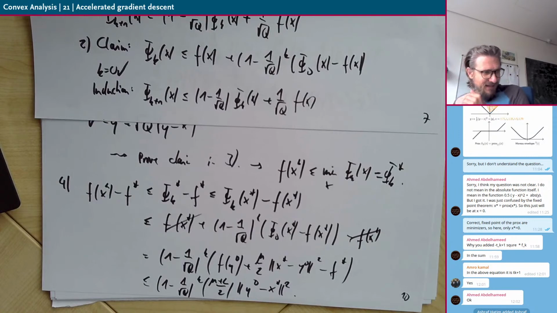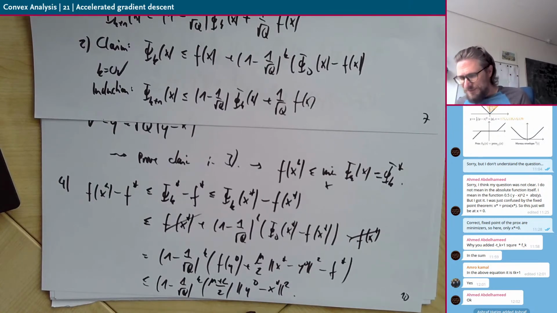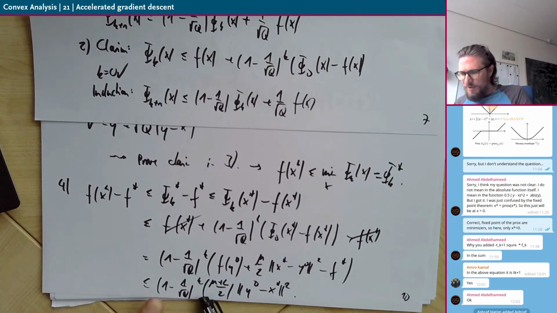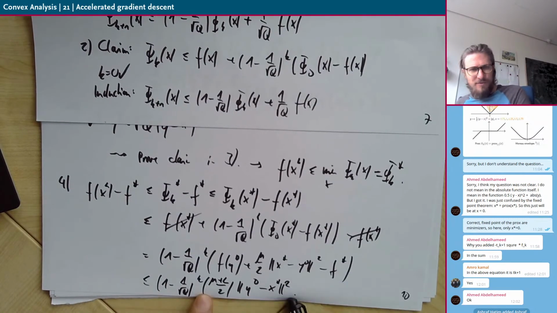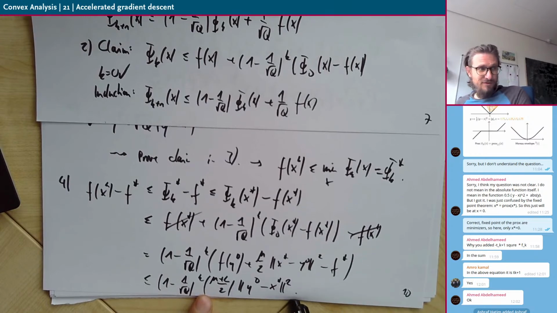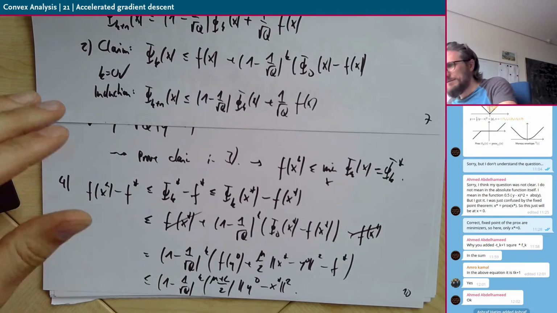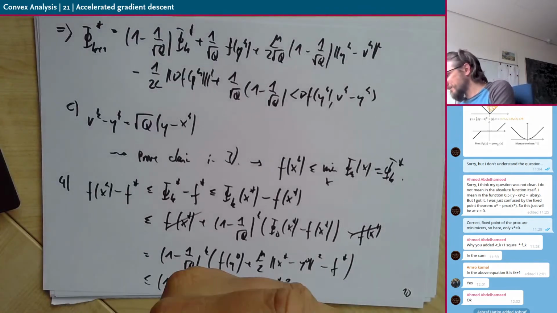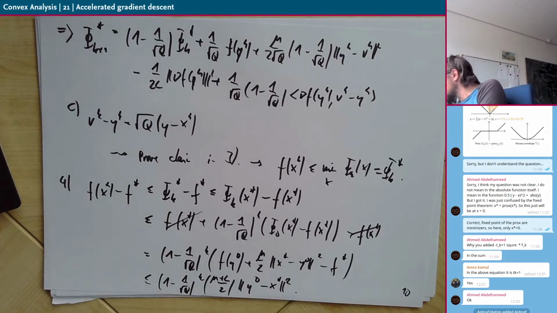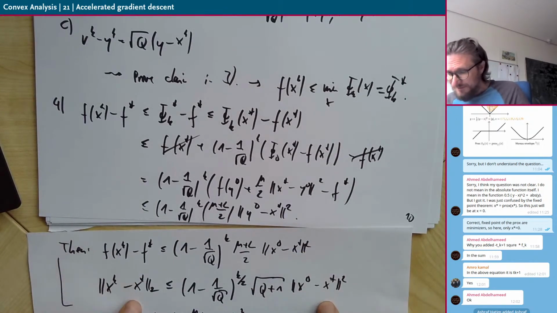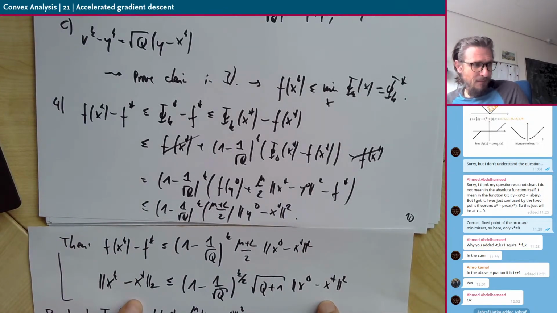And that's actually the first inequality which we wanted to show, right? We have this f of x_k minus f star. Here we have the contraction factor and something which is determined by the initialization. This shows that, and this is just a very simple consequence.